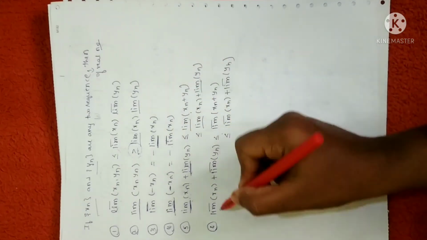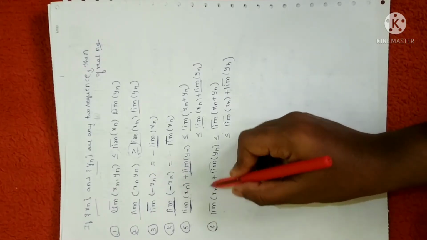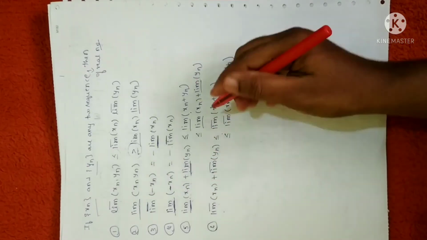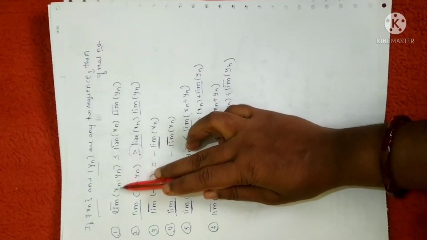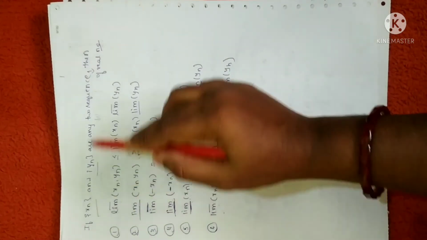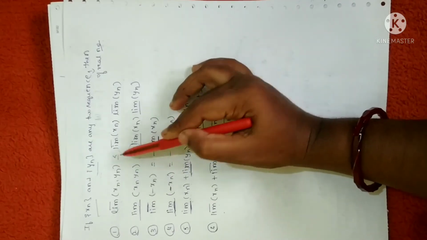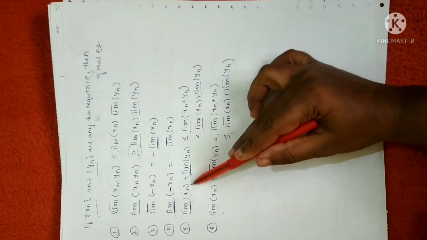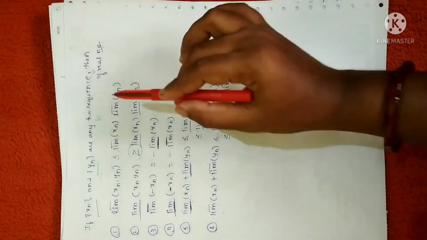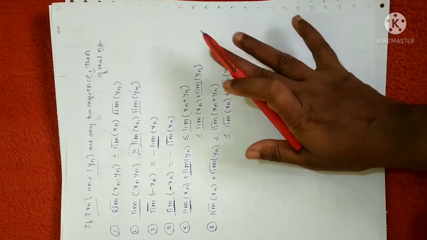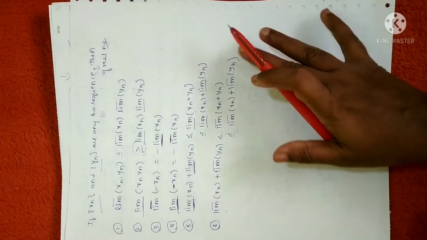Fine. And when you add individual limit superiors, again you get the less than symbol only. The only difference is when you split the total into two terms, then the symbol changes. But here the conditions will be the same. So you have to remember all these six properties. These six properties are important for the further proofs.